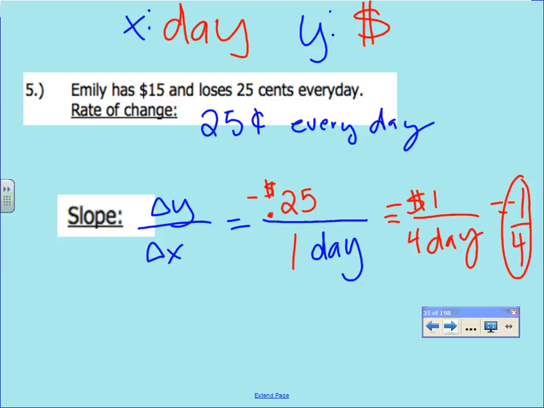Doing okay? It's hard to read your writing. The rate of change, you need to make sure you write down 0.75 miles every day.